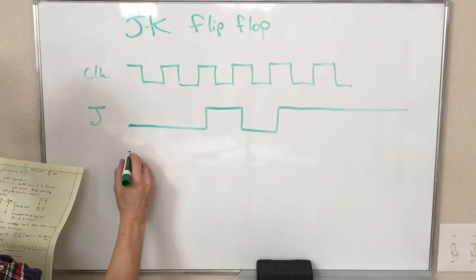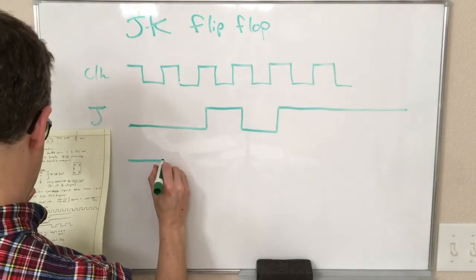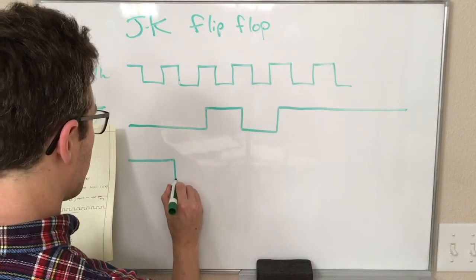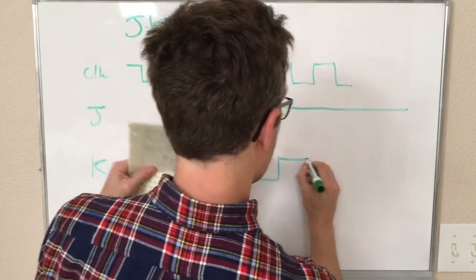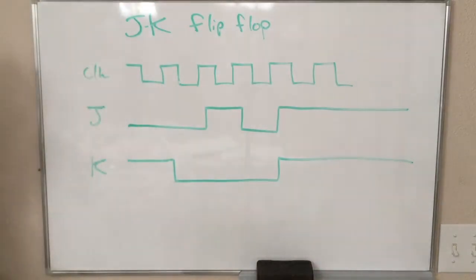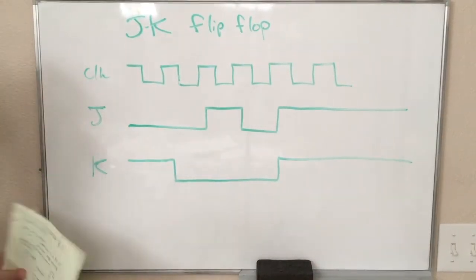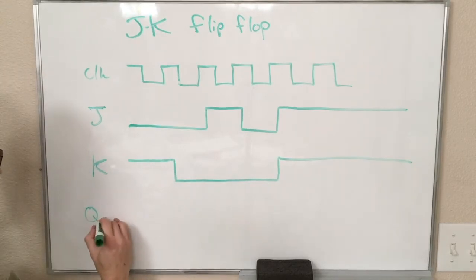And let's say K starts on and then turns off and then turns back on. I'm just making up some scenario where we have these changing inputs to our flip-flop, and we're going to figure out how the output changes.